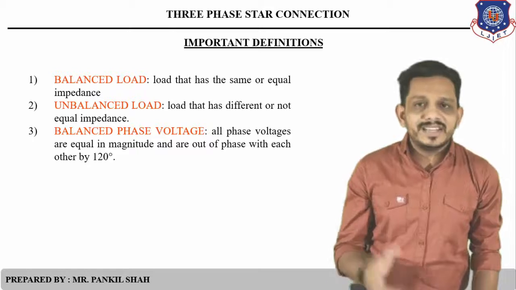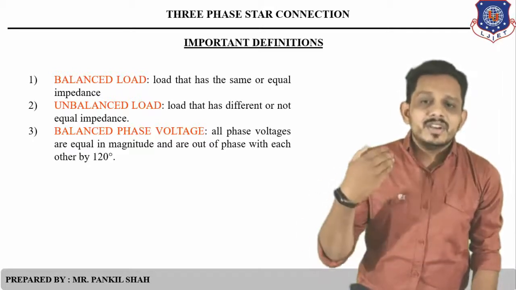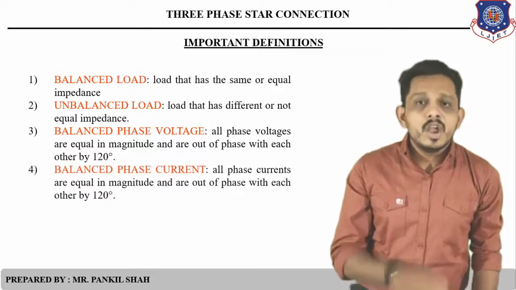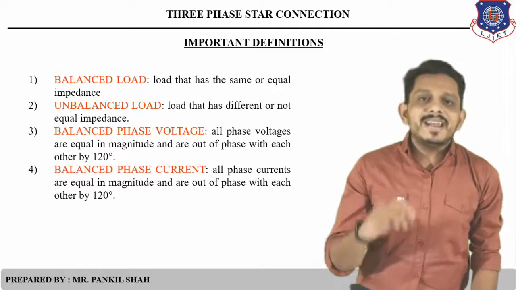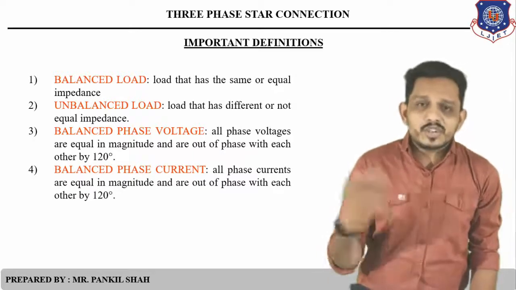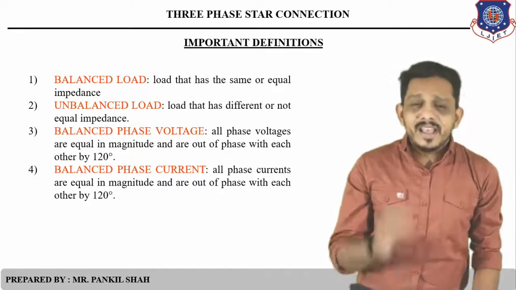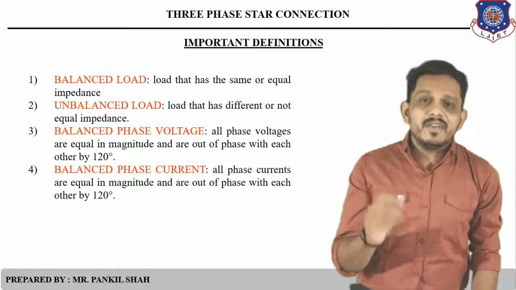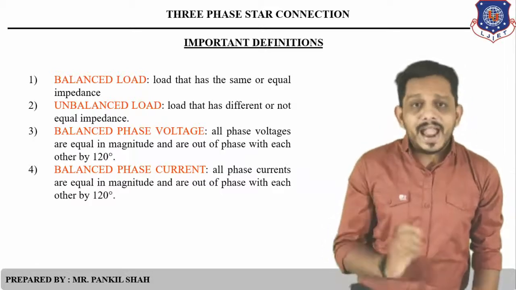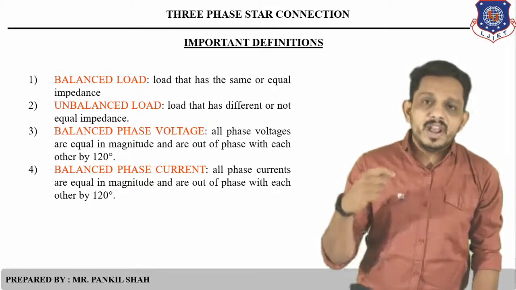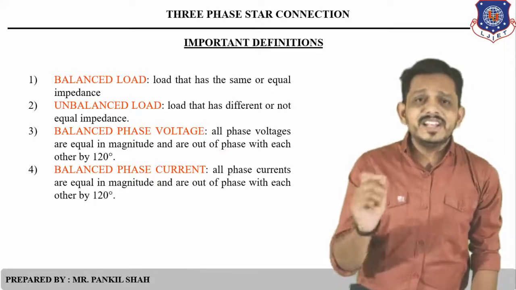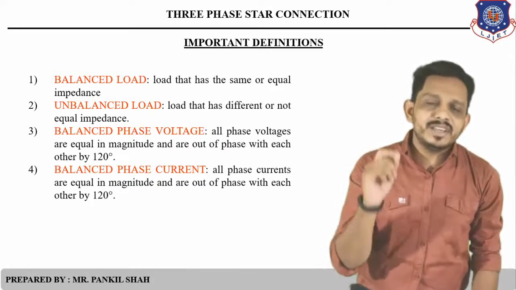So we can say that this is a balanced phase voltage in a load or a system. The fourth definition is the balanced phase current. It has the same definition: if our phase current in all three phases has equal magnitude and the phase difference between all three currents is equal, then it is known as the balanced phase current.